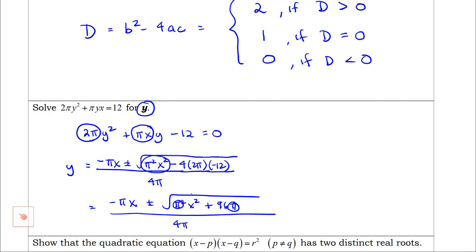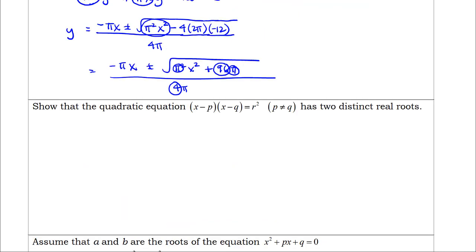If you were to factor out a pi squared, under the radical, then it could pop out. And then, obviously, I hope you know, this 4 and this 96 have nothing to do with each other, because one's in a radical and one's not. So don't start reducing like a mad person. Okay?